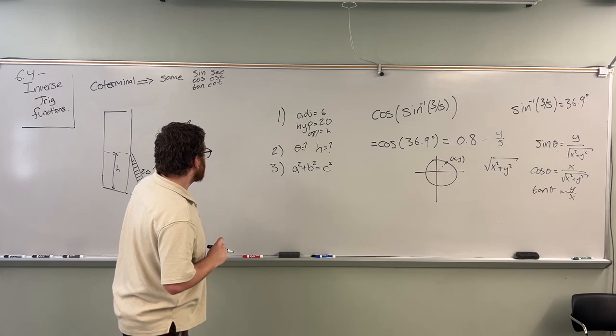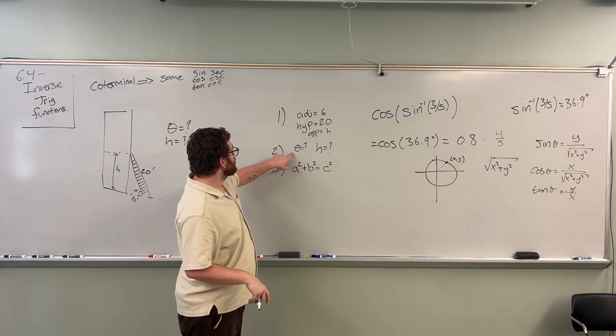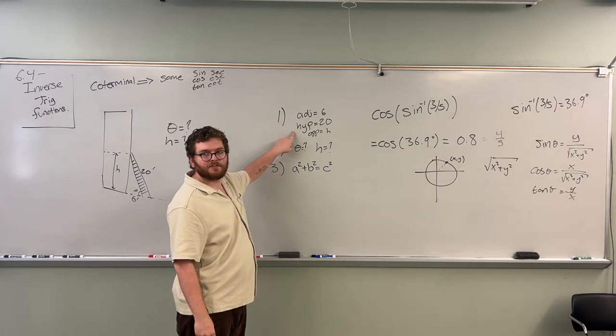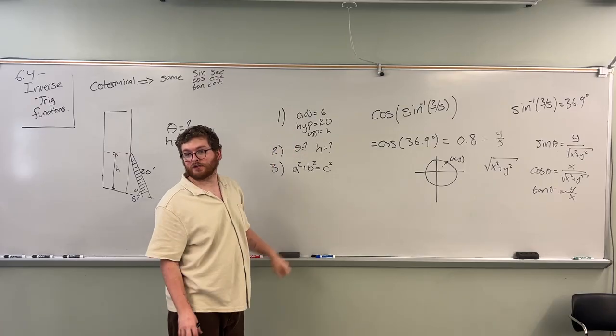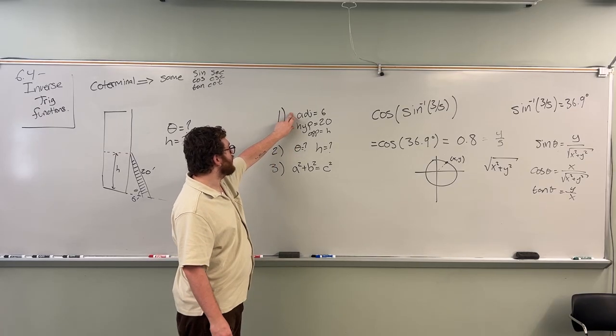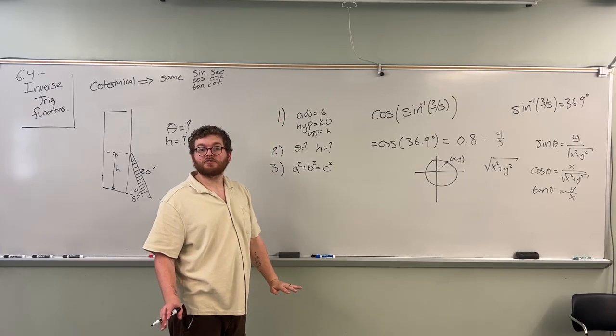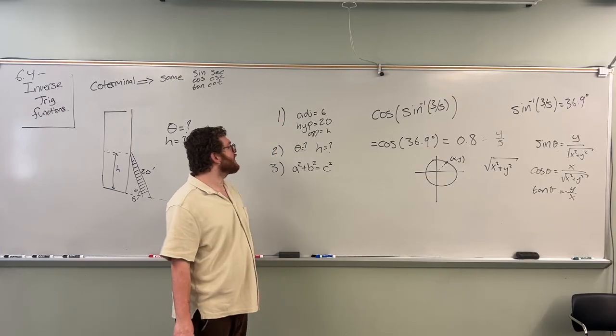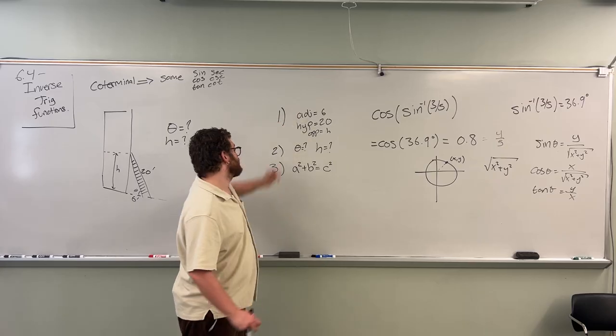I'm also looking for the angle, but I'm given all 3 sides, so I can use any of my trig functions once I have my sides. Specifically, I have adjacent and hypotenuse, those are the ones that are given to me. So to have an exact answer, I can use cosine.